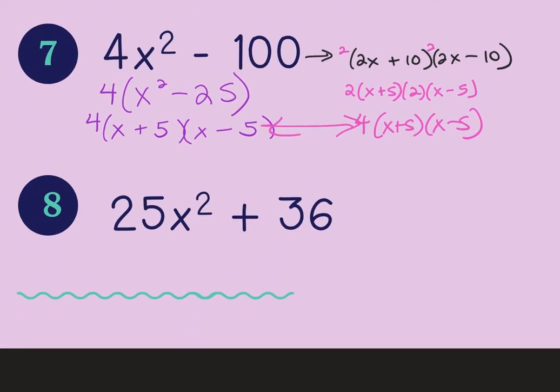How about 8? 5x squared. What do we think? 5x and 6 squared. What's wrong with that?